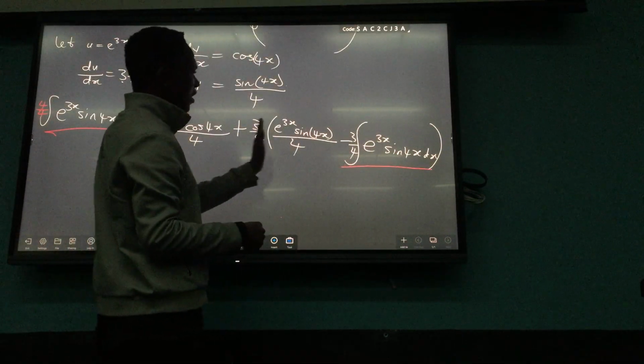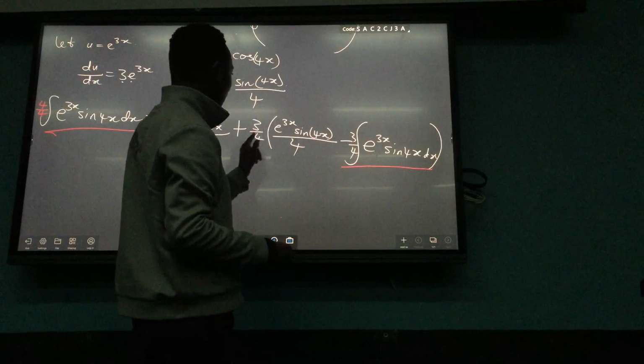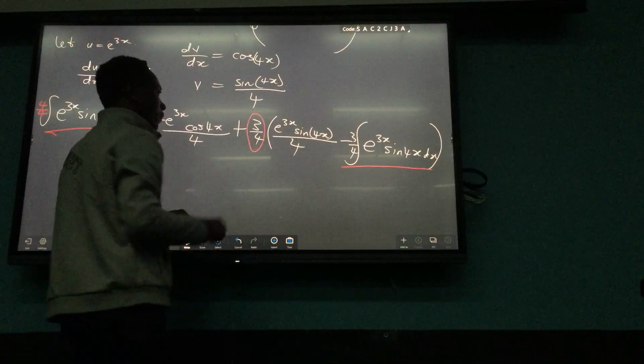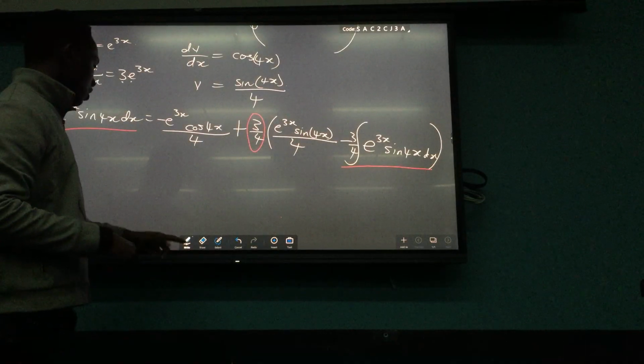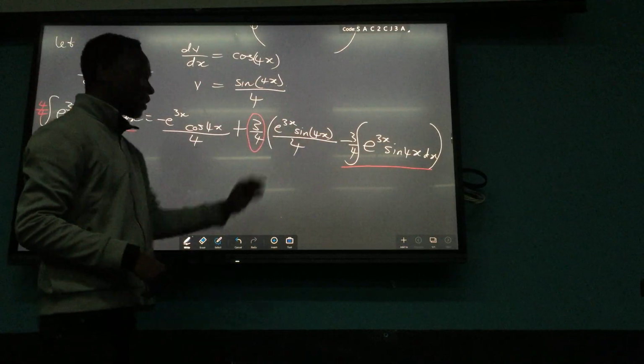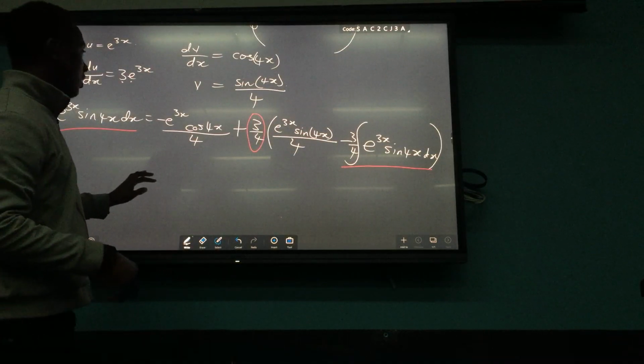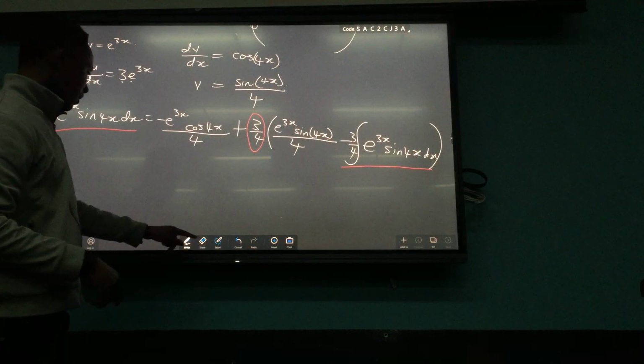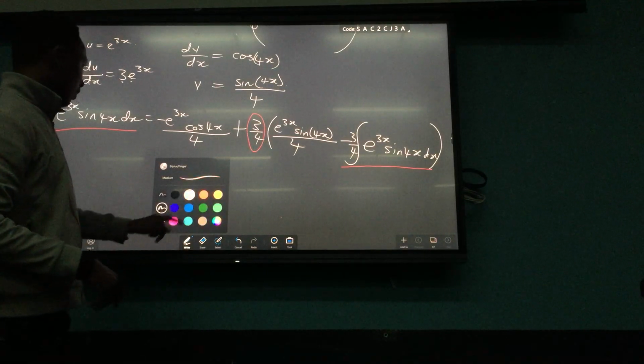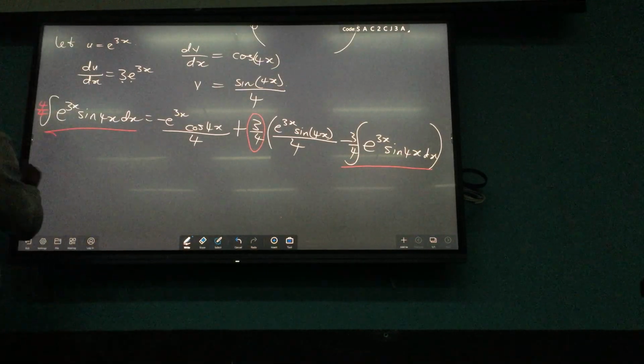So let's first expand that bracket, since we have this 3 over 4 outside here, right? If we expand that bracket, it's going to give us what? Let's just rewrite it here.